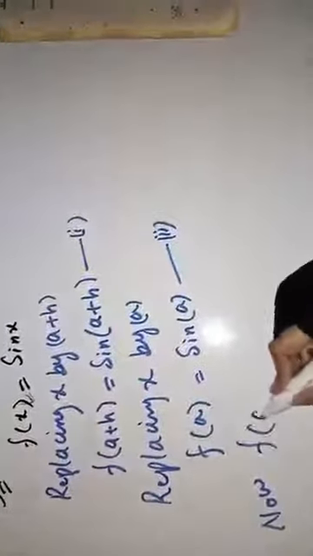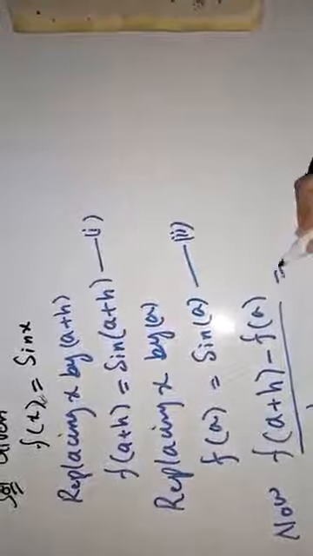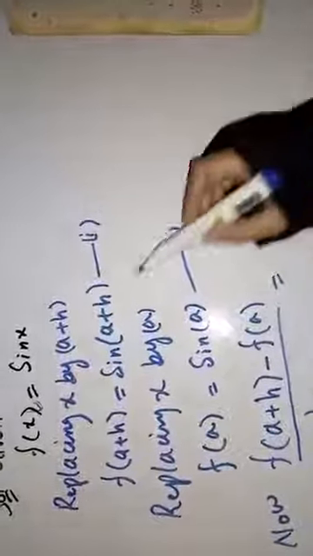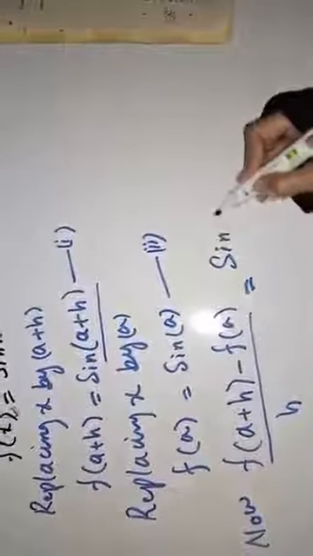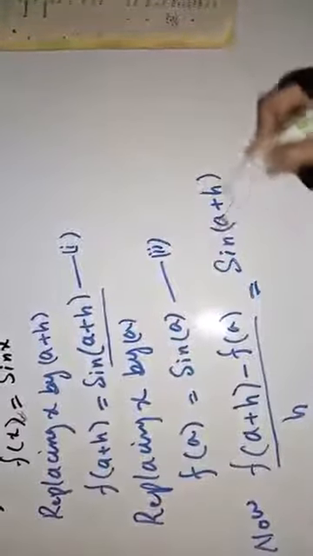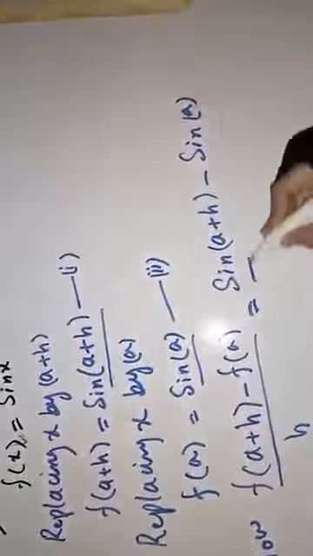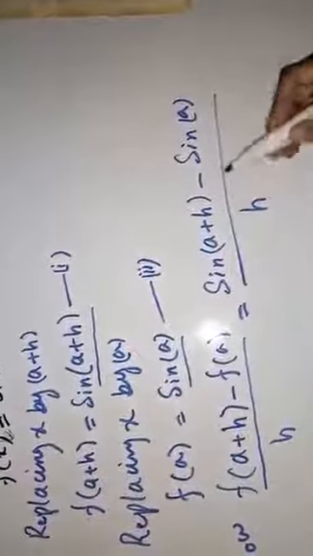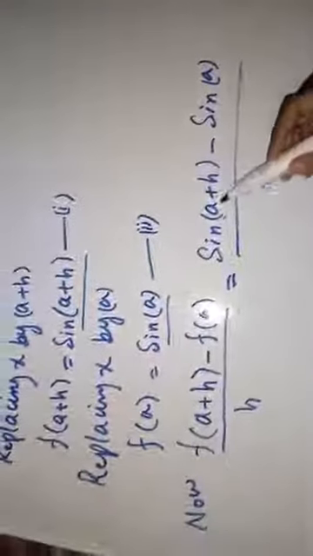Now our required term is f of a plus h minus f of a, divided by h. f of a plus h we have calculated, so put it here: sin of a plus h, while f of a is sin a, divided by h. Do you remember any trigonometric formula that looks like this?